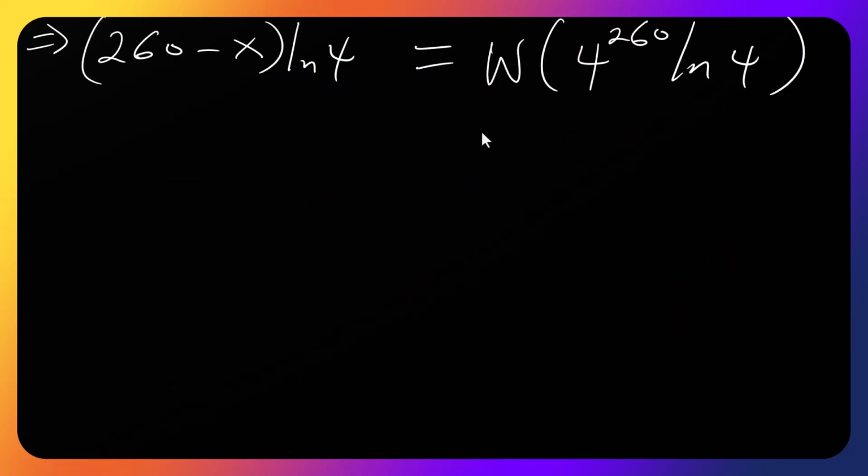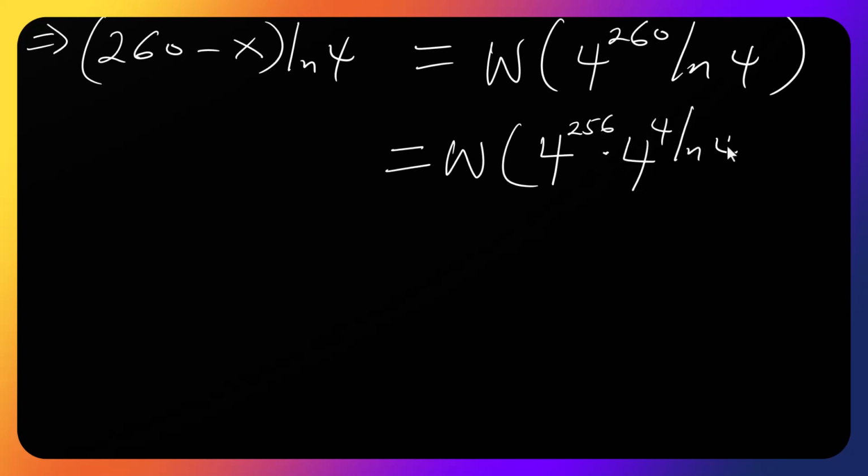Now the next thing is to manipulate this side and also bring in the e, and then deal with this. So what I'll do here is to change this one. 4 to the power 260 is the same as 4 to the power 256 times 4 to the power 4 ln of 4.